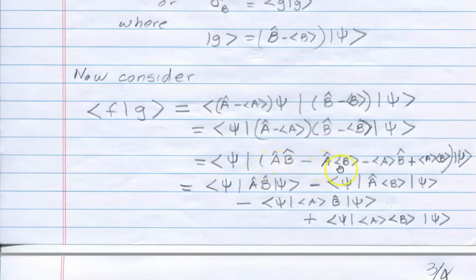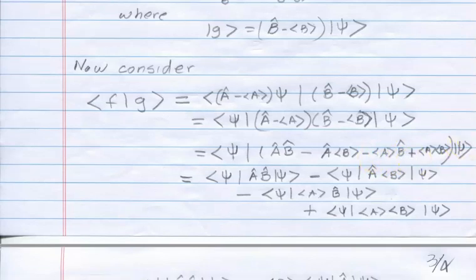Now, these expectation values are all real numbers. Those are just average values. And so really what side I put them on doesn't matter. Put this one on this side or the other. I know that the bracket of a sum of operators is just the bracket of each individual component of the sum, and then summed up.